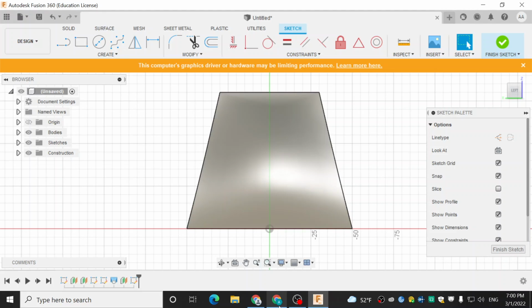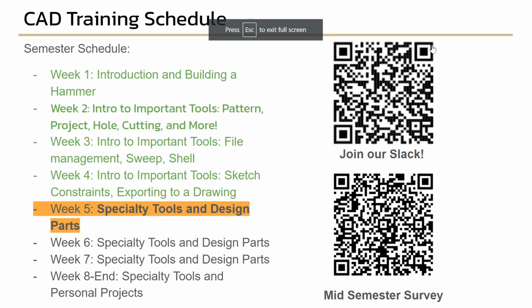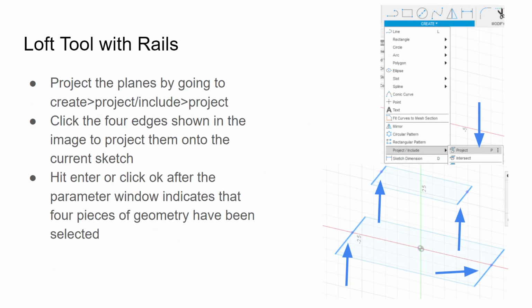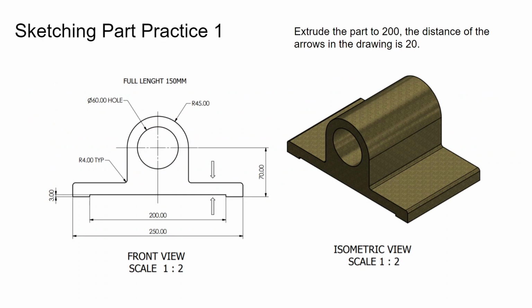All right, cool. So from there, everything that we just went over is in the slideshows that we send all of you, so instructions on how to do everything we just did are already right here. And now we're just going to be getting into the practice parts. So practice parts look like this. They are shapes that we have already had designed for you, and they come with sketches associated with them with all of their measurements.